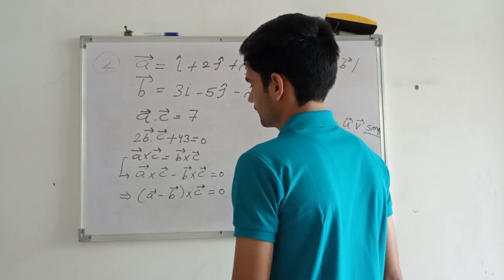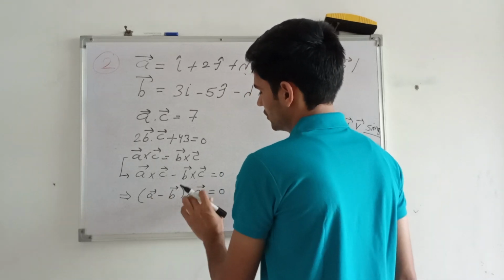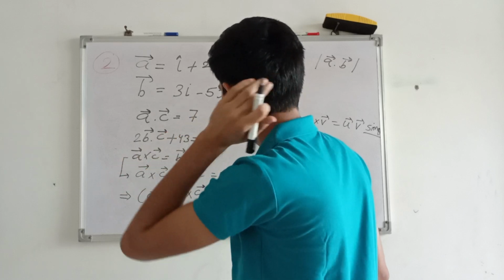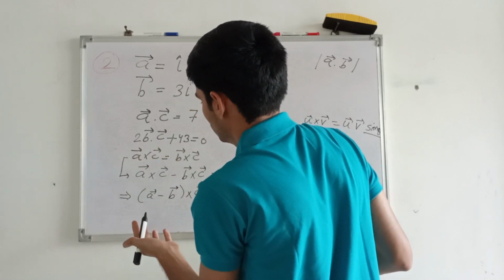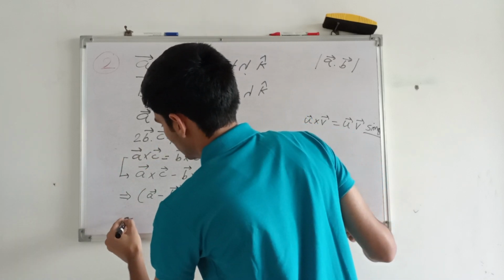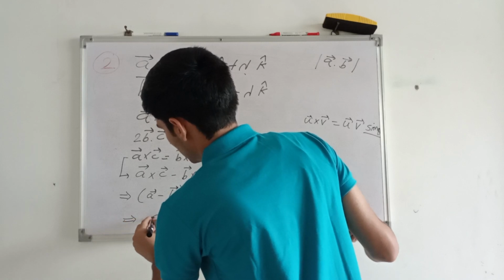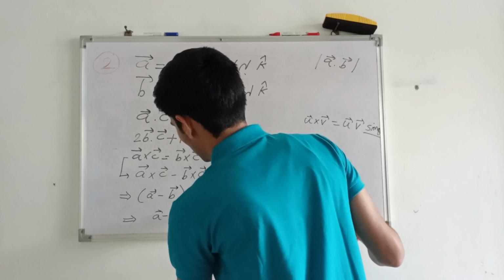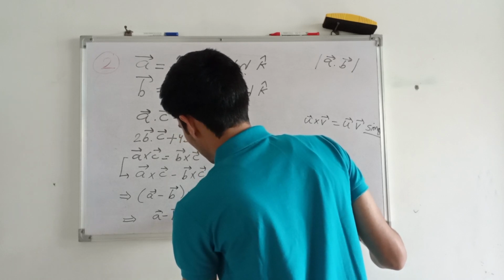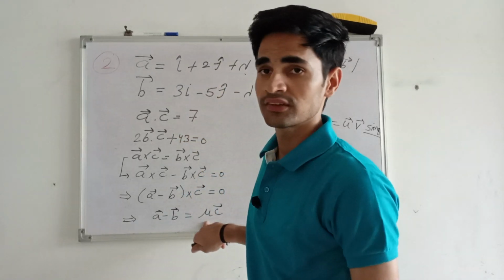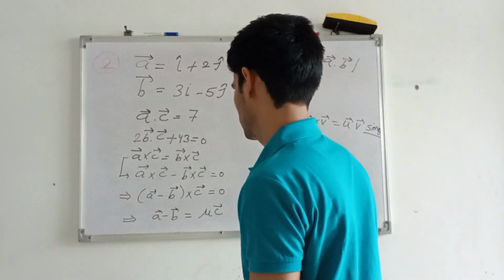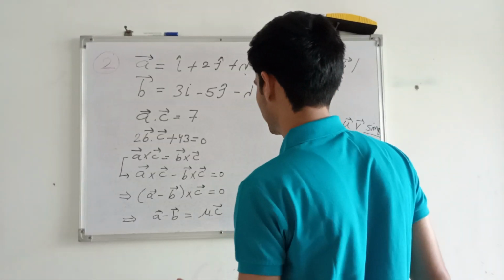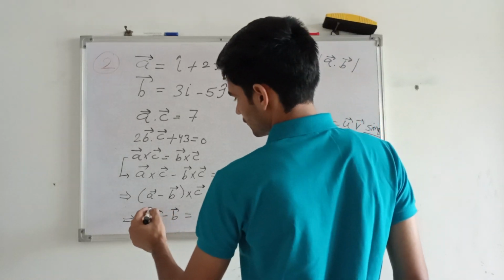So A minus B is parallel to C. Now we don't have any information about C, right? So we can write that A minus B is mu times vector C. Mu is a scalar, it can be anything, 3, 5, any scalar value. So we have got this.